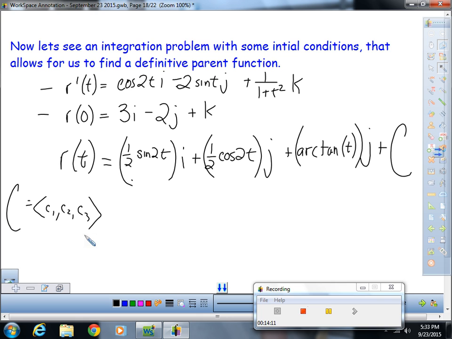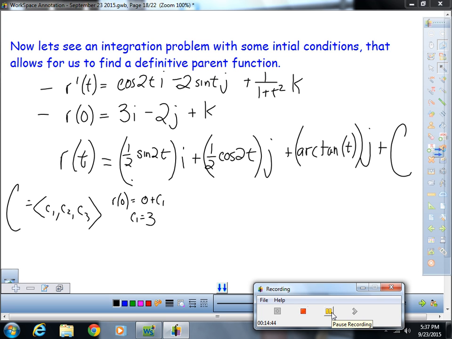Well, we know that r of 0 is 3i. So if we put in 0 for t, you get r of 0 here. Okay? Well, that's 0. If you put in a 0 here, you get 0. But we need to get to 3. So we know that c1 equals 3. Do you see how I did that? Okay? Here, r 0, you get 1/2 of 2 times 0, you get 1/2 of 1.